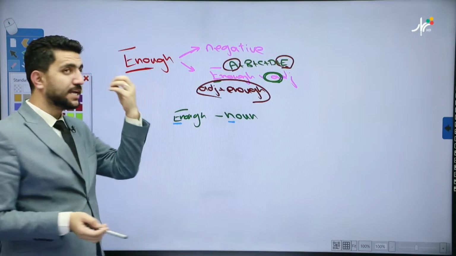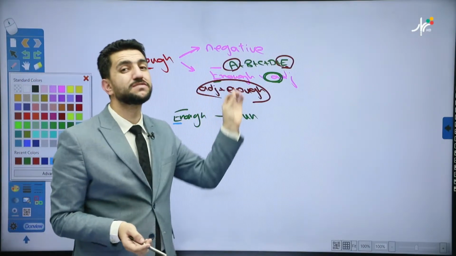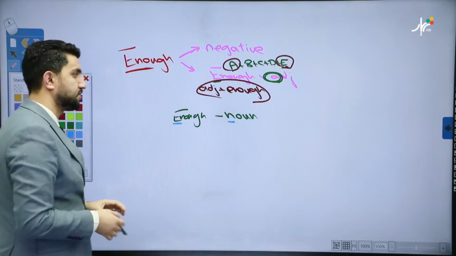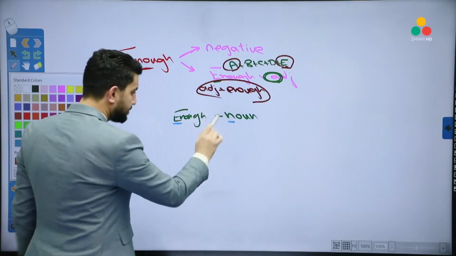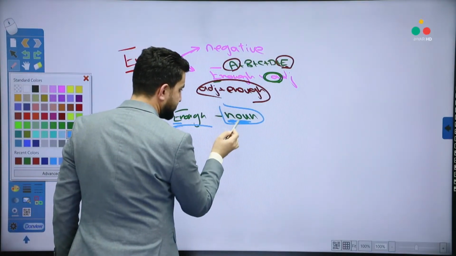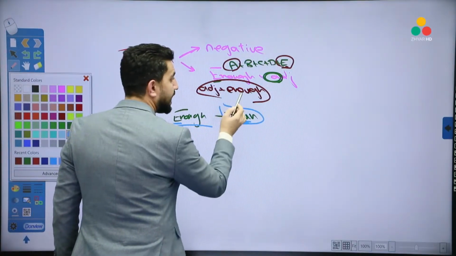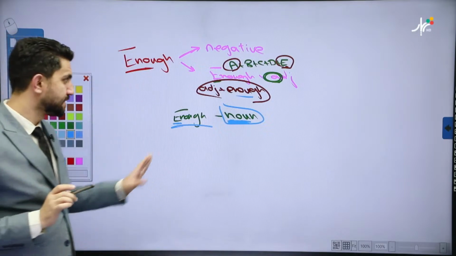So that means enough is always preceded by a noun? No: enough is always followed by a noun, and enough is always preceded by an adjective. Preceded by means before. This noun is preceded by enough, and this enough is preceded by the adjective. This is what it means.